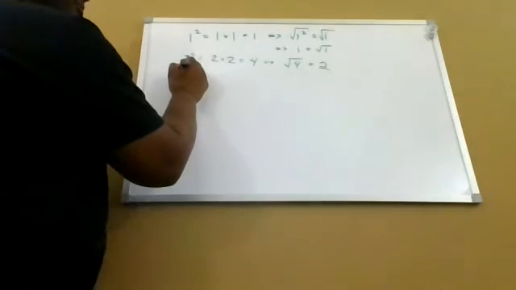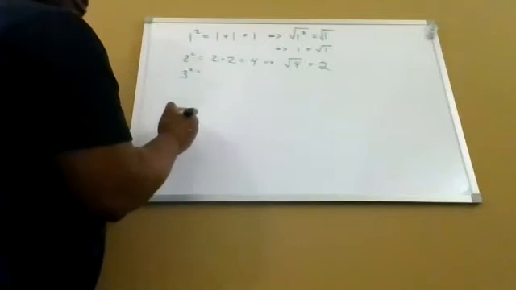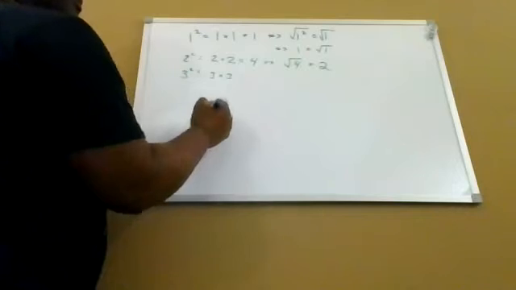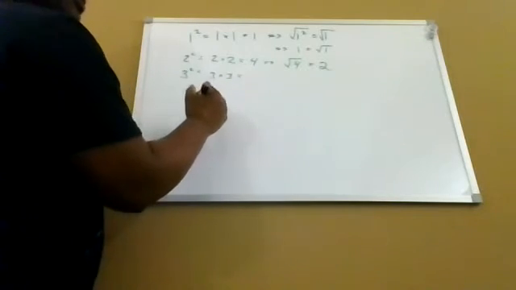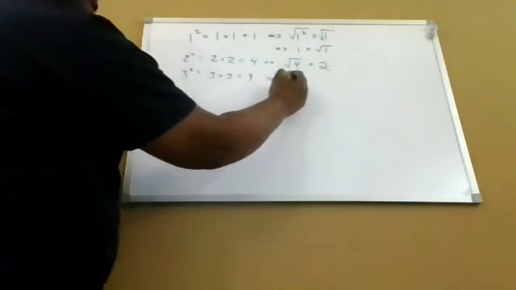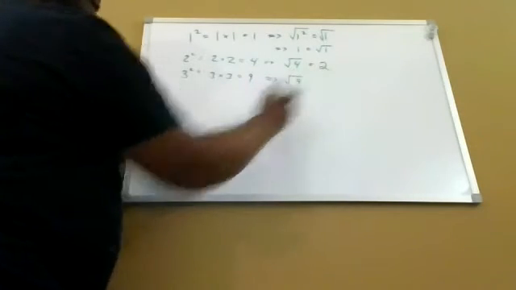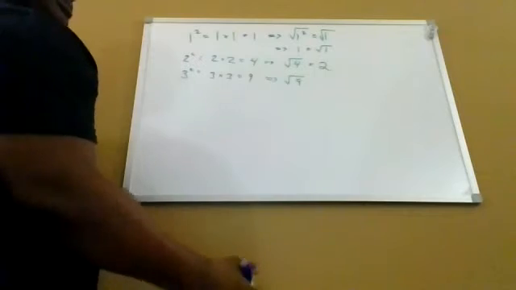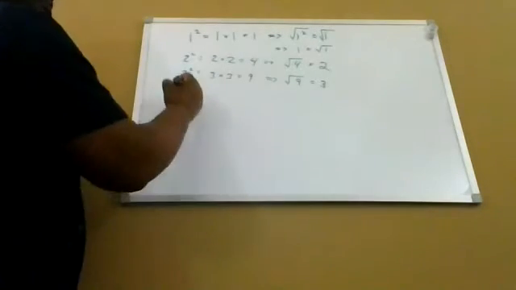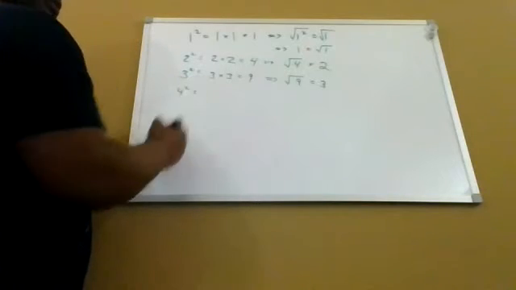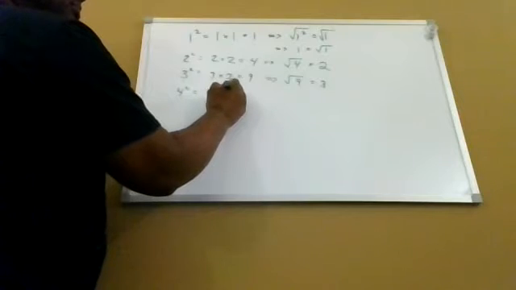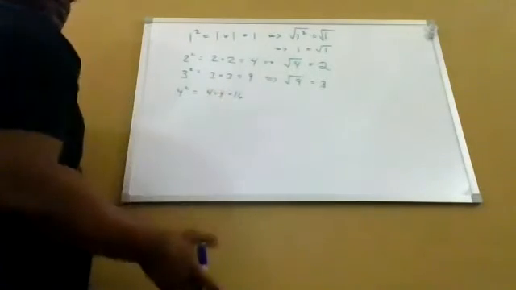We'll keep going. 3 squared means 3 times 3, and 3 times 3 equals 9. Therefore, the square root of 9 equals 3. 4 squared means 4 times 4, which equals 16.